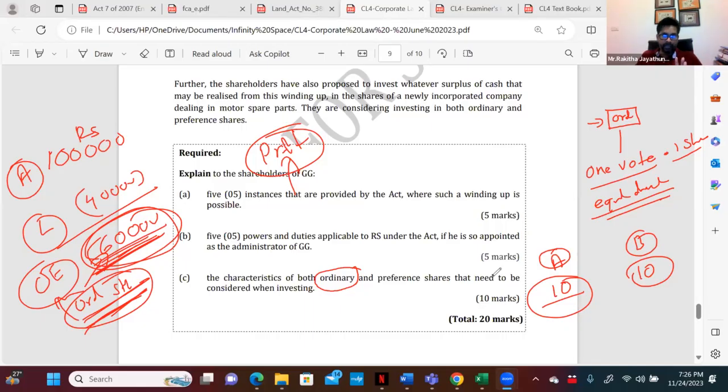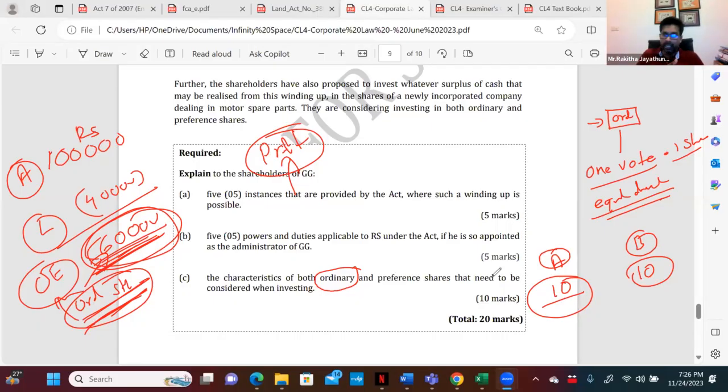When you're paying dividend, when you're returning capital, preference must be given to the preference shareholders prior to the ordinary shareholders. If there is a fixed dividend, it must be paid to them. So the preference shareholders, as of right, are entitled to a fixed dividend. If the company is not in a position to pay this year, it can be paid next year.